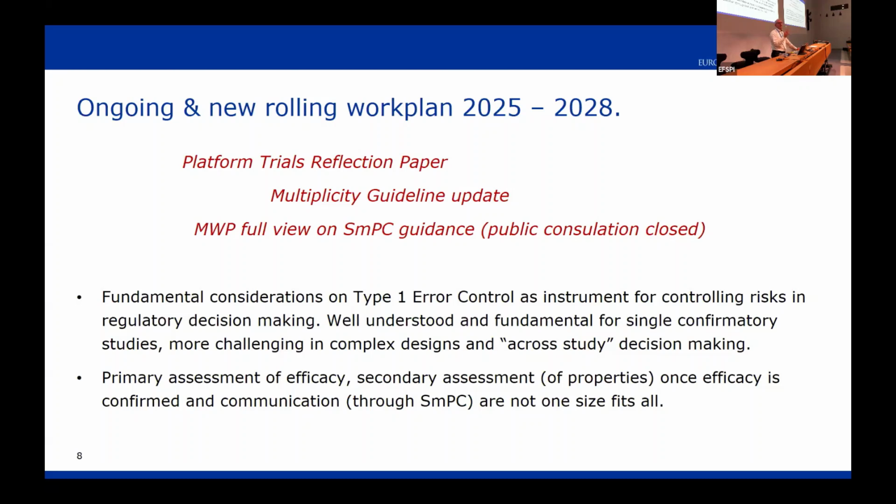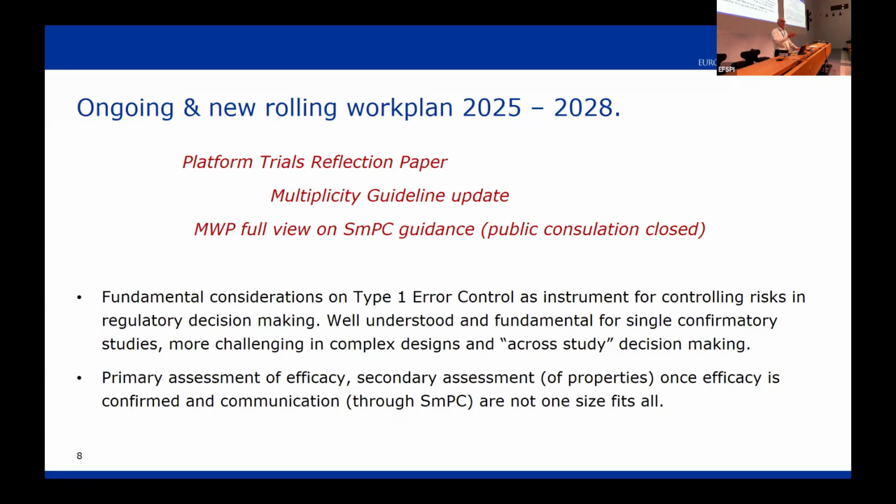Then we have to deal with all kinds of nasty details on how to do that, but that will drive the discussion. It's related to how we think about evidence, reliability and errors in decision making. Essentially, the SmPC is drafted after we've approved, though it's actually part of the approval decision if you are really precise. It's in the same meeting and you decide.